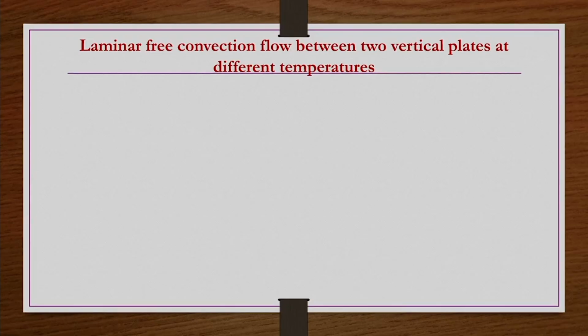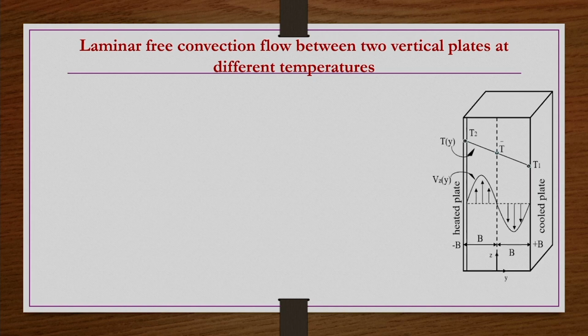So, now coming to the problem that we are going to solve: laminar free convection flow between two vertical plates at different temperatures. Schematically, we have taken two vertical plates which are long enough that end effects are negligible. These two plates are separated by a distance 2b. The coordinate system is taken such that y equals 0 is in between these two plates.